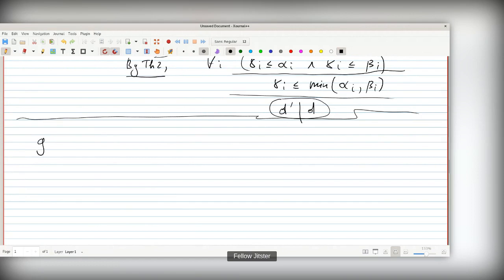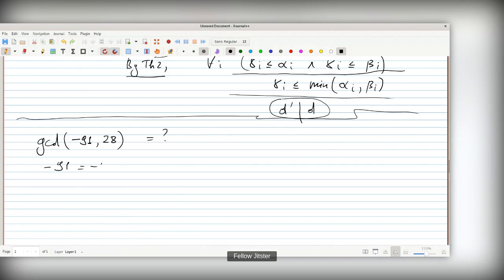Say, what is the greatest common divisor of minus 91 and say 28? Neither number is zero, so we need to factorize.